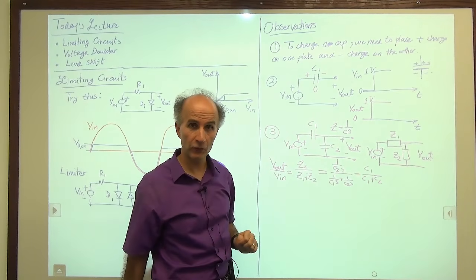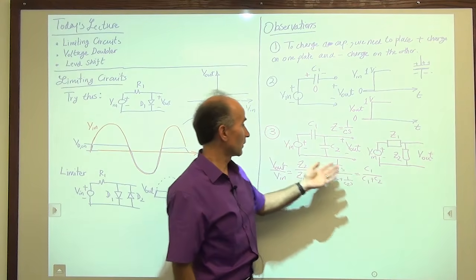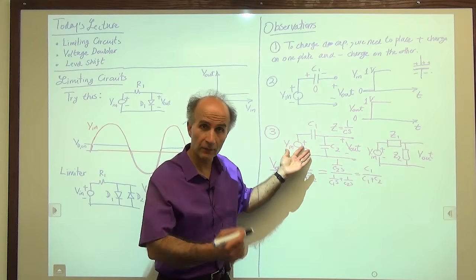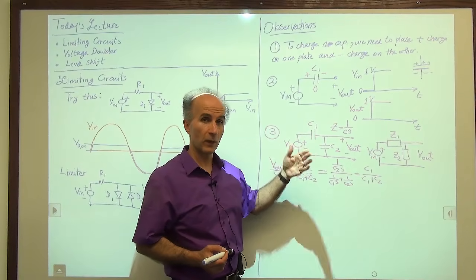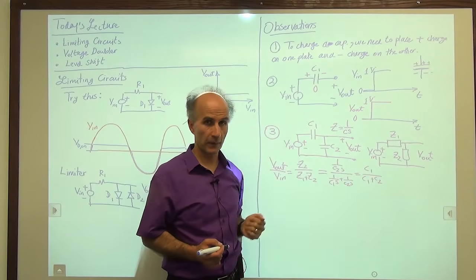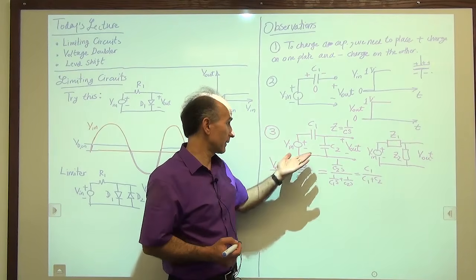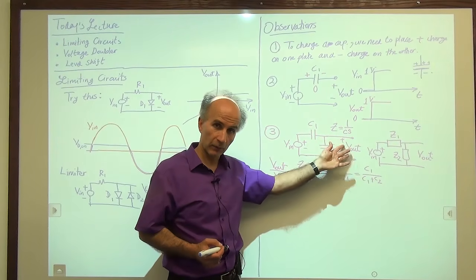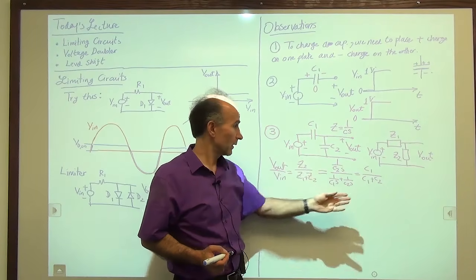So that's the only difference we have to remember. Otherwise, we will call this a capacitive divider. Just the way for the resistive divider we use resistors, here we use capacitors. So in a sense, this is an attenuator. The output voltage is smaller than the input by this factor.